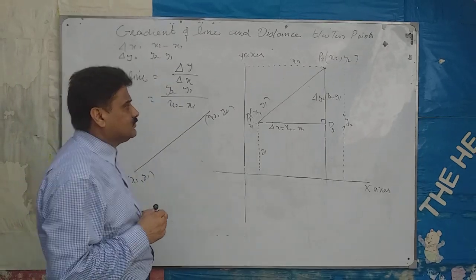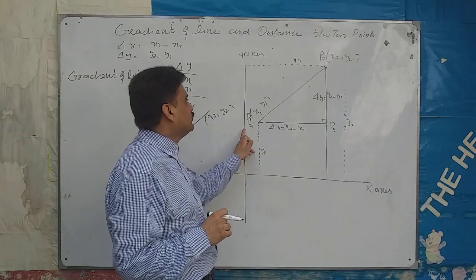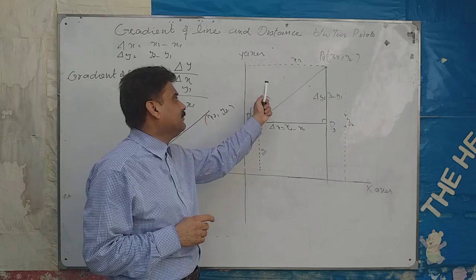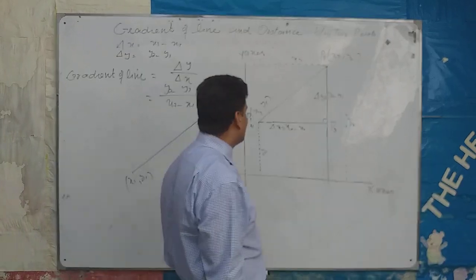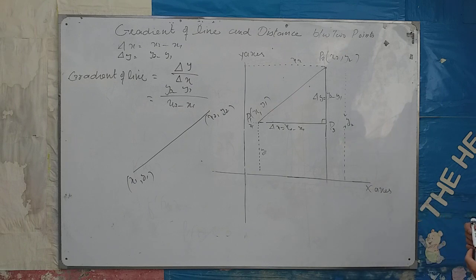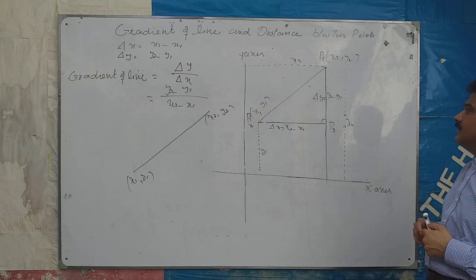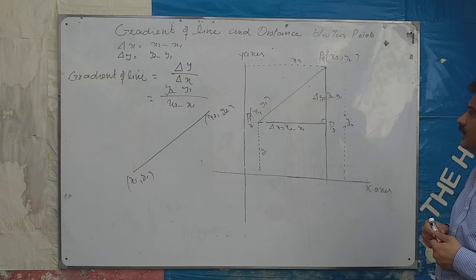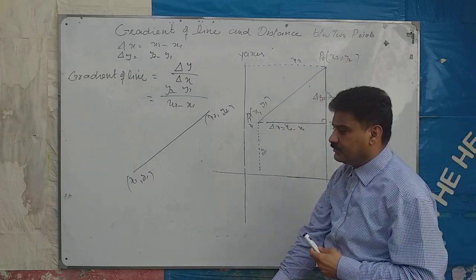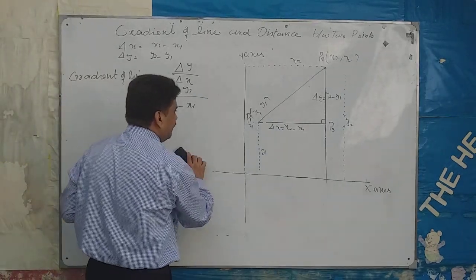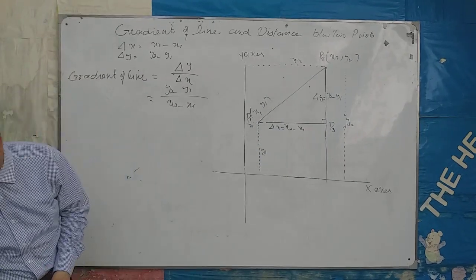Now we want to find the distance between 2 points. The distance between 2 points P1 and P2 actually is the length of the hypotenuse of the right angle triangle P1, P2, P3. By Pythagoras theorem, the square of the hypotenuse is equal to the square of the base plus the square of the perpendicular.